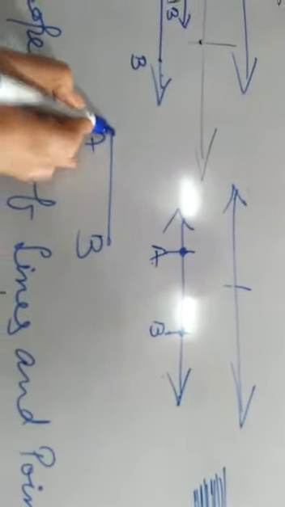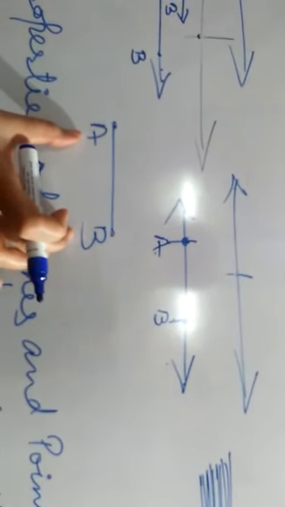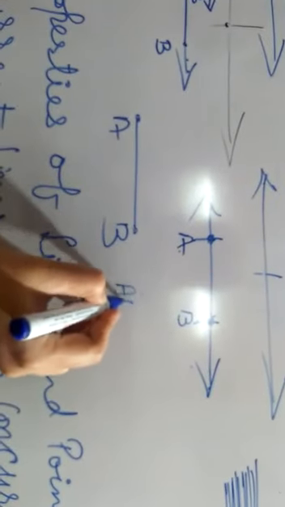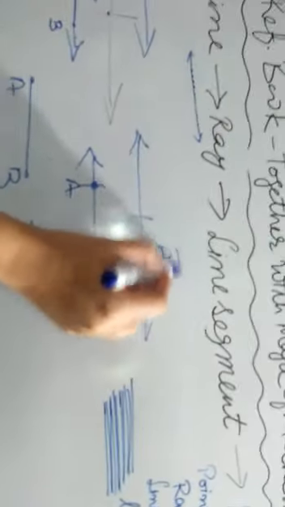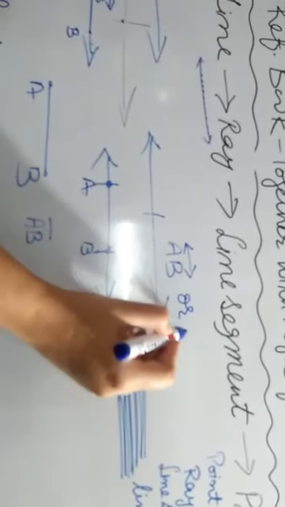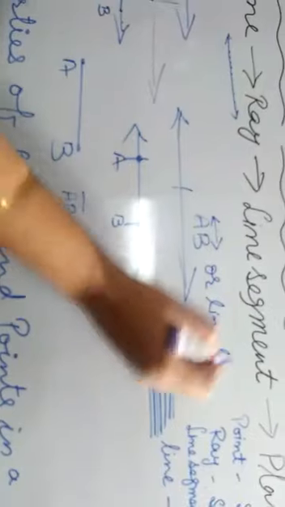Let A be the initial point, B is the ending point. So AB is called line segment AB. We denote it as line segment AB. We denote a ray as this, and we denote a line as line AB, or you can name it as line L, any small letter.